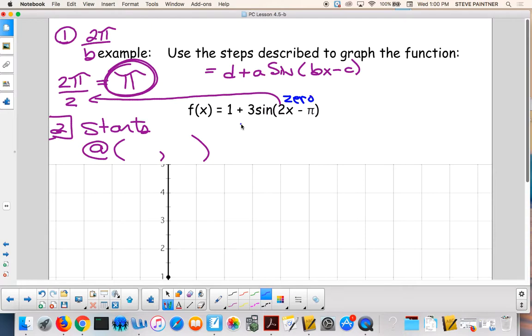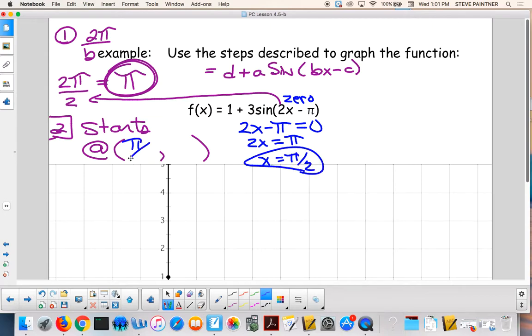You want this 0. So when is 2x minus pi going to be 0? Solve it. 2x equals pi, or better yet, what? Pi over 2. So if you let your theta be pi over 2, you'll plug it in, and you will get 0 in there. You guys should all know this. Sine of 0 is 0, and 0 times 3 is 0, right? That's why the answer is 0.